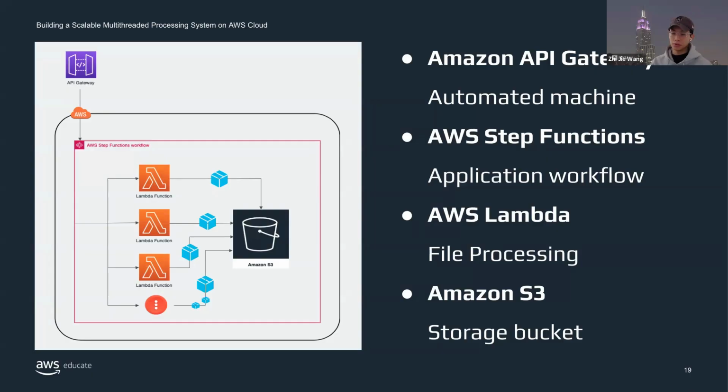With this approach, we hope to achieve better performance. The AWS Lambda functions in this project handle file processing of the different parts of the content, and Amazon S3 is our final destination, the storage bucket.